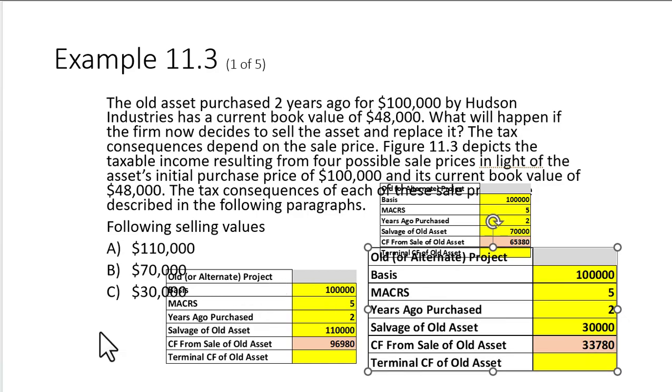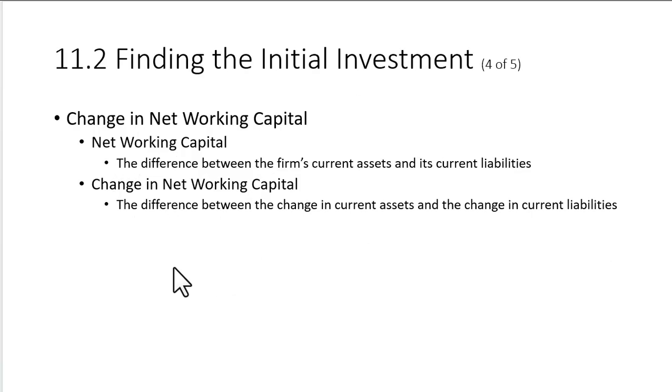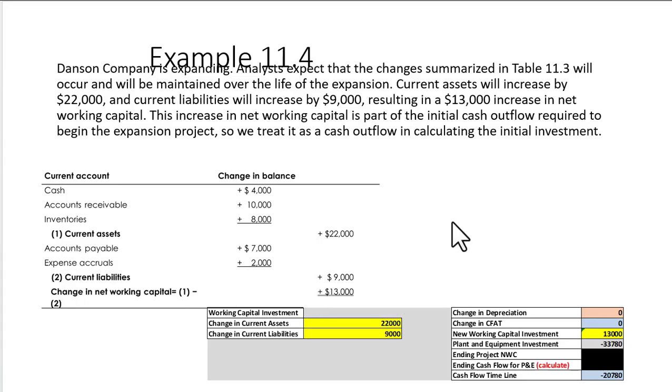The last thing we want to talk about quickly is just the net working capital change, and that's just current assets minus current liabilities. So in this example here, we'll see the totals. Here's the change in accounts receivable in current assets of 22,000.